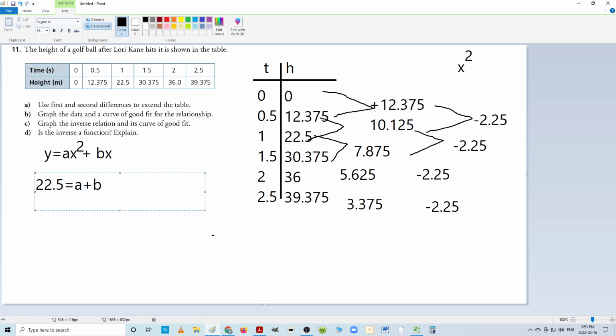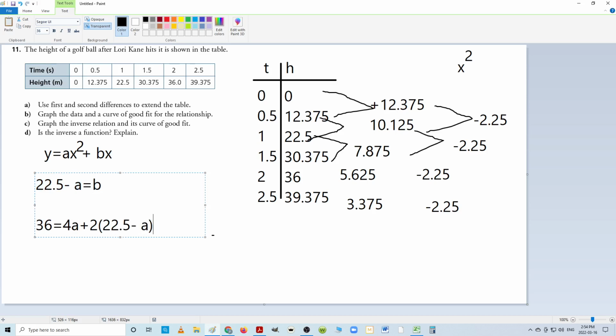So that means a plus b is equal to that, or b is equal to 22.5 minus a. When I do it again for when x is 2, I get this for y. 2 squared is 4. So you get this. Now I can replace where I see what b is equal to right here. Since b is equal to this up above in this bracket, I can just replace it where I see b.